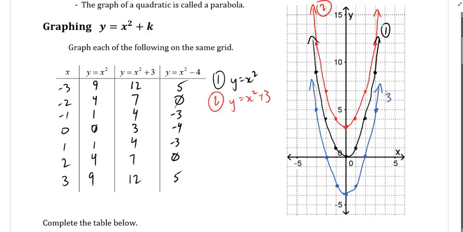So we'll call this guy 3 in blue. And there we have it. So here's the trick. Does anybody notice anything about what happened between those three curves?